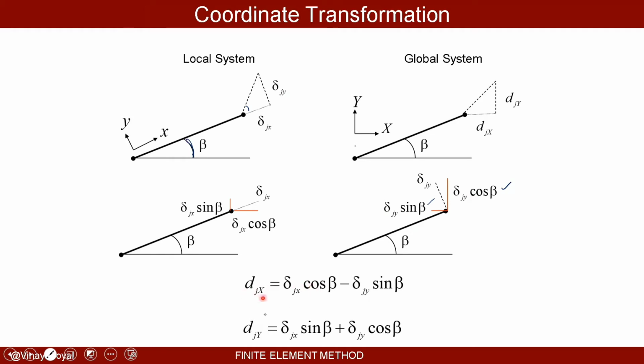And then I have Djx. Djx is going to be anything that contributes in the x direction, which is this delta jx cosine beta plus, in this case, minus delta jy sine beta. And you can see that written here. So now that I'm able to express the local coordinate system in the global coordinate system, I'm ready for the very next step.